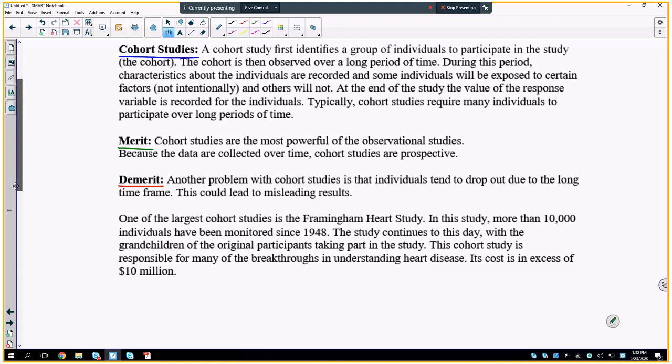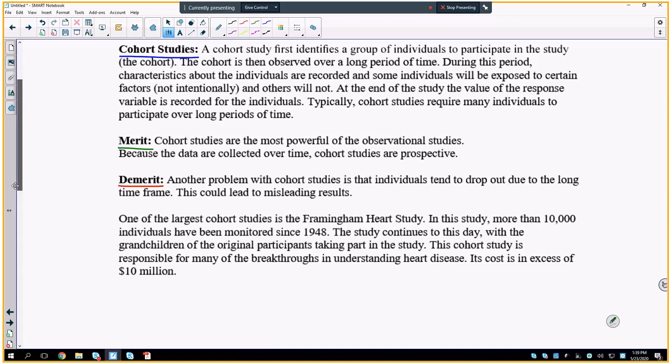And just an interesting note here is that one of the largest cohort studies ever conducted is the Framingham Heart Study. In the study, more than 10,000 individuals have been monitored since 1948. And the study continues to this day, with the grandchildren of the original participants taking part in the study.